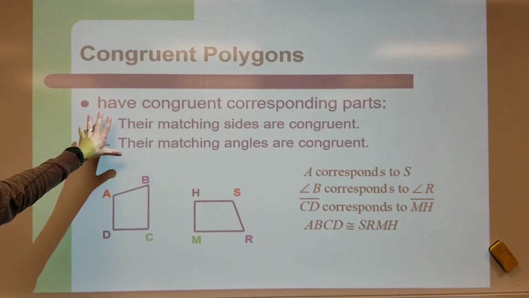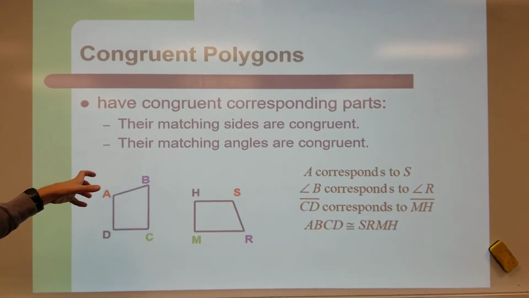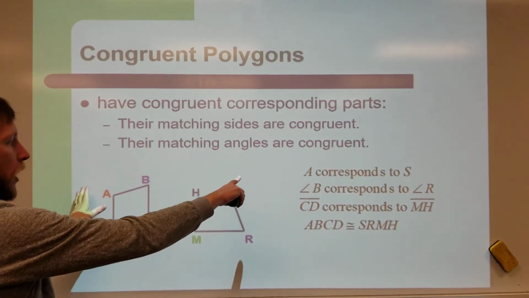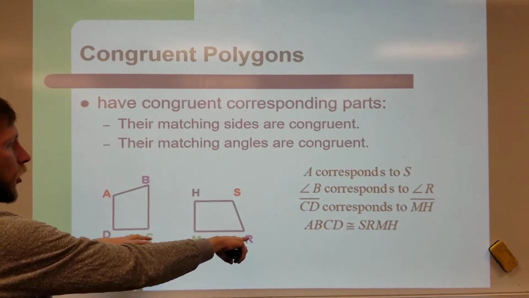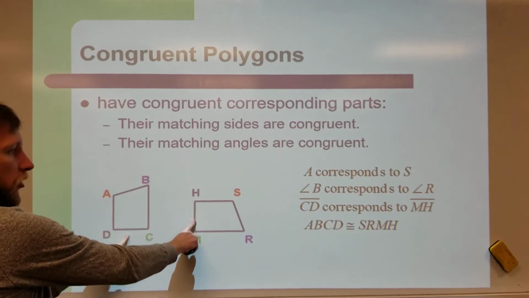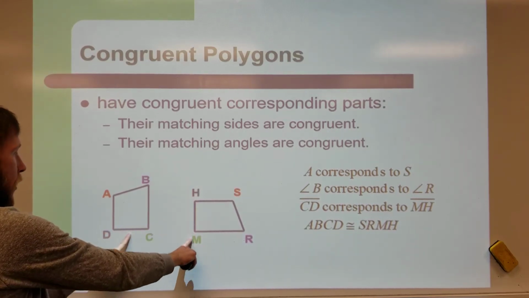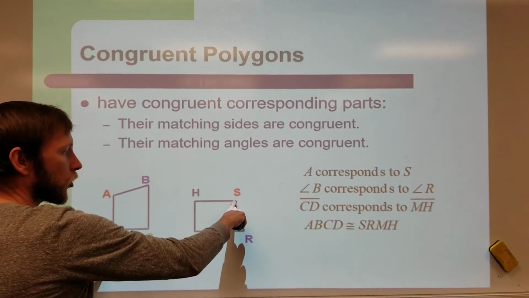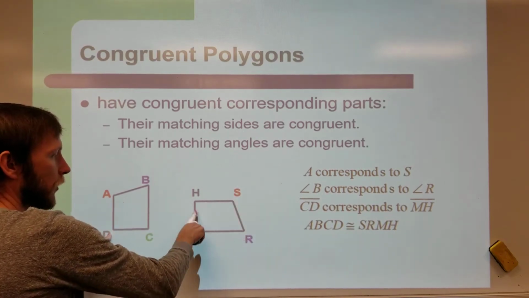Please make note that the corresponding parts of congruent figures are congruent. So if we've got point A corresponding to point S, we also have angle B corresponding to angle R, side CD corresponds with segment MH, and then the polygon itself, ABCD, is congruent to polygon SRMH.